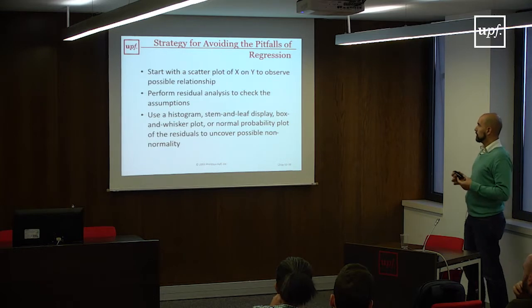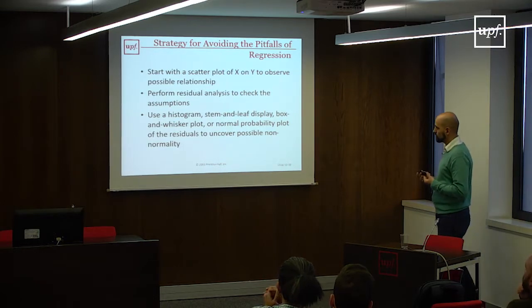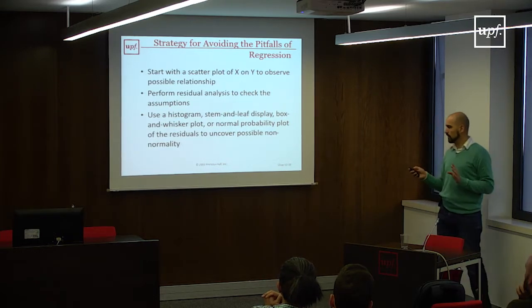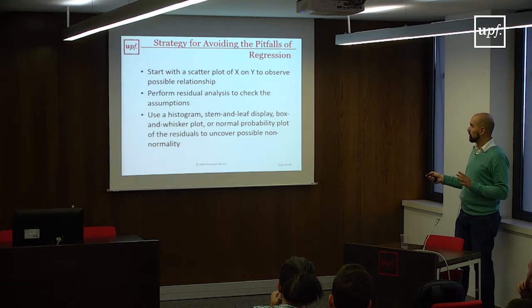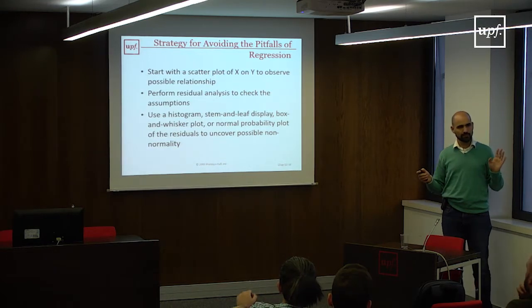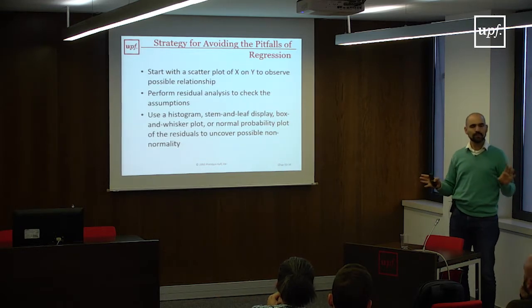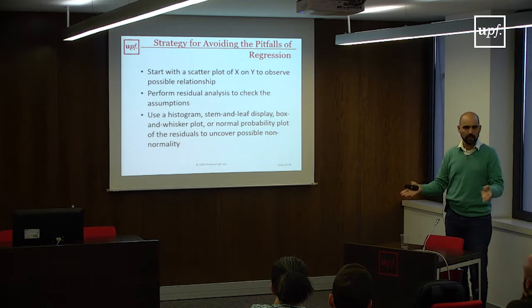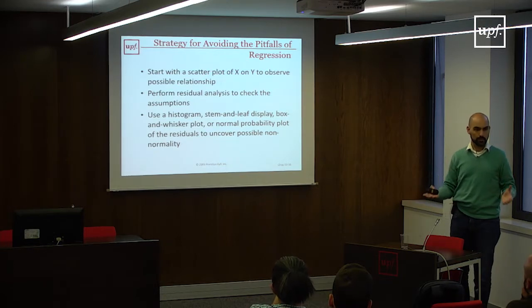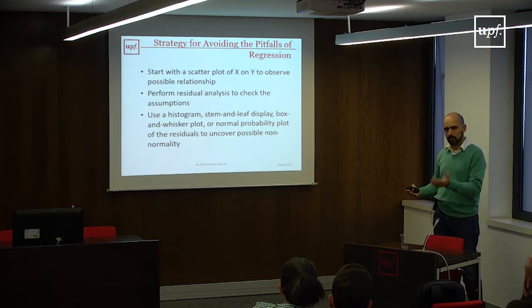Strategy for avoiding the pitfalls of regression. It is always a good idea to start with a scatter plot and observe. As we said before, no tests, no numbers. Let's look at the data, how they are distributed. Are we talking about one regression?